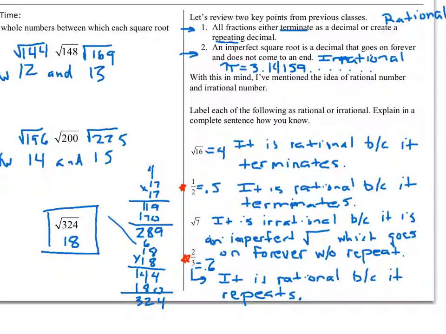That's totally fine, because if I gave you the fraction 234 over 1036, I'm pretty sure you wouldn't want to do the division to prove to me that it repeated, right? It would be a lot easier to just say, you know what, Mr. Boots, I know that fraction is rational because all fractions either terminate or repeat, okay?